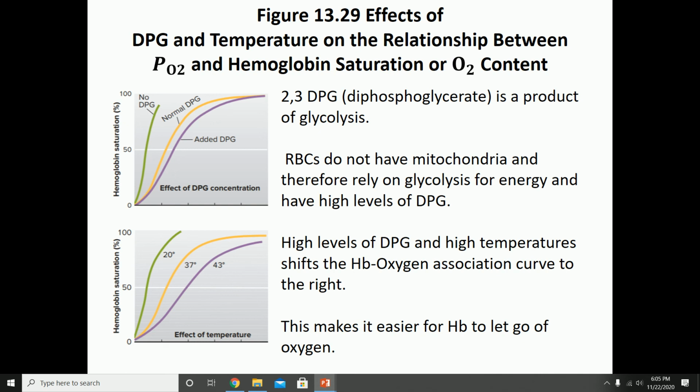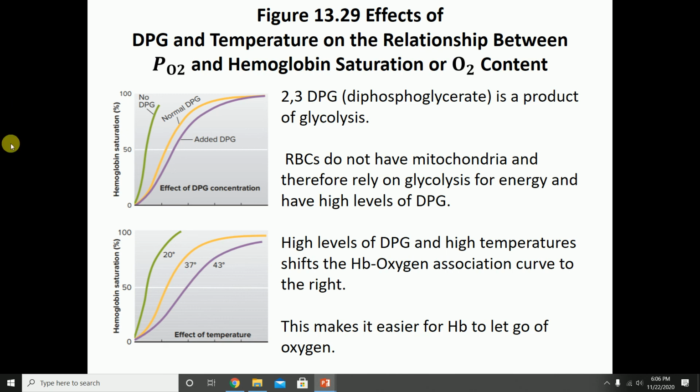So you will see here that these are the normal levels of DPG in the red blood cell. Under normal levels, the hemoglobin molecule is able to let go. But if you add more DPG, you see that you've shifted the curve to the right, meaning you've decreased the affinity of hemoglobin to oxygen, which means it's easier for that hemoglobin molecule to let go of oxygen.